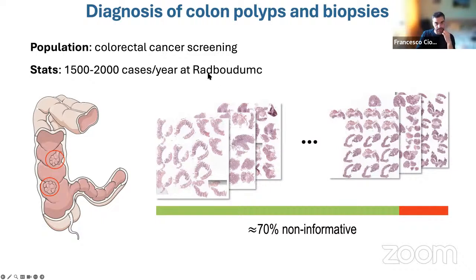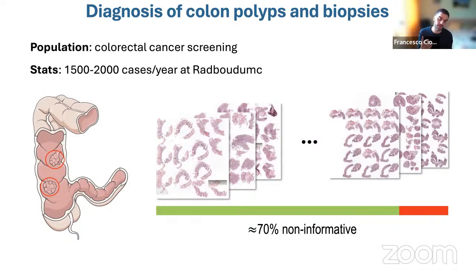So it's quite a lot. And it turns out that most of them are actually non-informative. It's just benign lesions, because during endoscopy, maybe because the patients have some complaints or because of suspicious results of the test during screening programs, the patient gets endoscopy and then they get polyps. So most polyps are actually benign, but still it's a lot of tissue and pathologists have to go over all this tissue and do their final diagnosis.